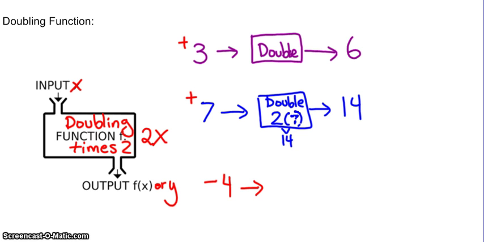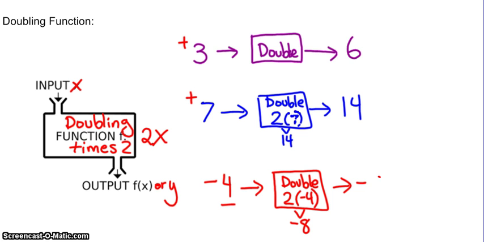If I plug negative 4 into the doubling function, it's going to be 2 times whatever the input is, negative 4. Now I do the steps to solve that. So 2 times negative 4 is negative 8. So my output is negative 8. Okay. Notice here that if my input is positive, my output is positive. Same thing here. Positive input gives me a positive output. But when I'm doubling, a negative input gives me a negative output. Okay?